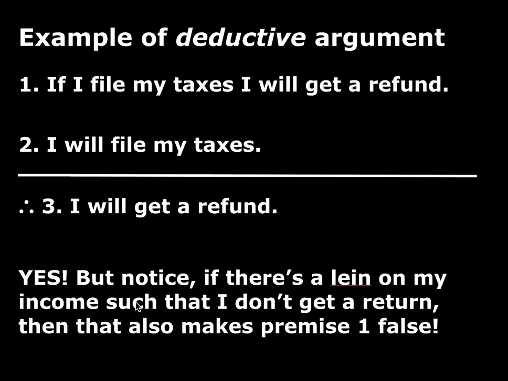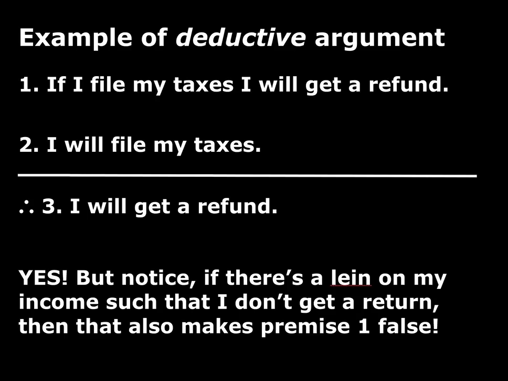If there's a lien on my income such that I don't get a return or a refund, then the conclusion is false. But premise 1 also becomes false, right? If there's a lien on my income such that I don't get a refund, then it's not true that if I file my taxes, I will get a refund. So the situation that makes the conclusion false also makes one of the premises false.